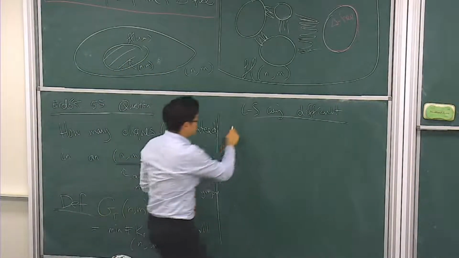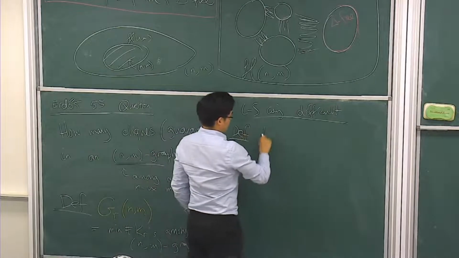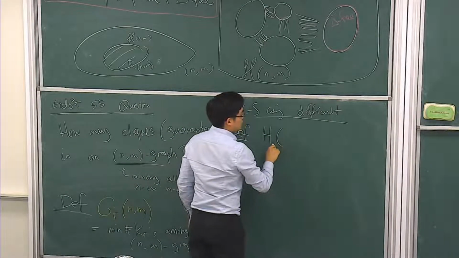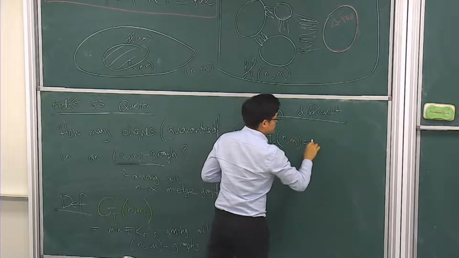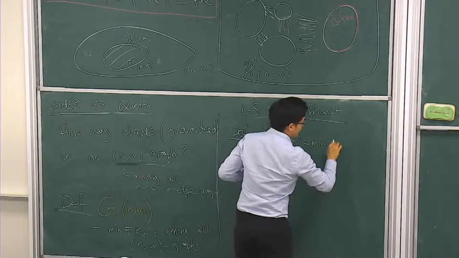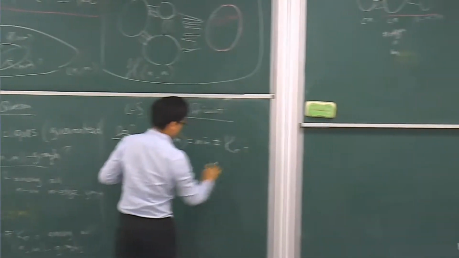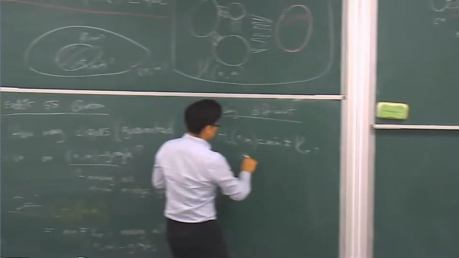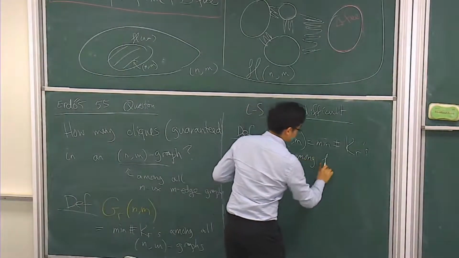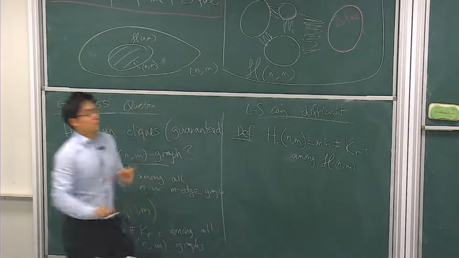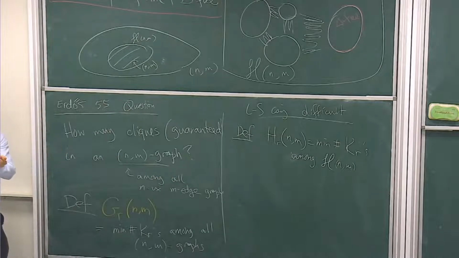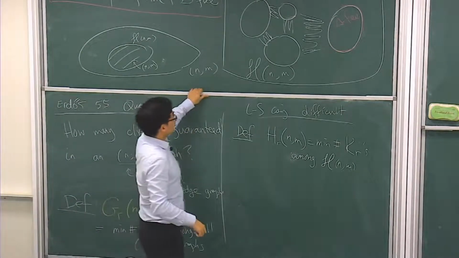So let me just define H sub r, but let's focus on the triangle again for now. And M, what is this? This is the minimum number of K_r's among H and M. We look at a more restrictive family. So then, what do I know?